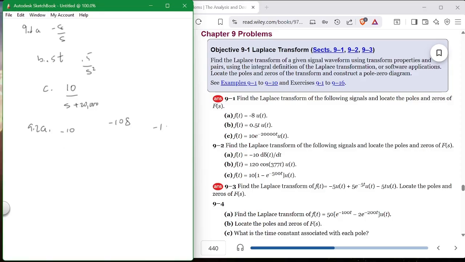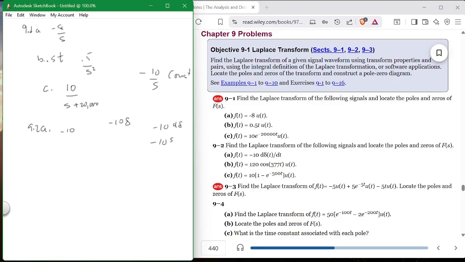I think minus 10 d delta is minus 10s, I think. Okay. Do you see that a constant is minus 10 over s? That'd be a constant, okay?